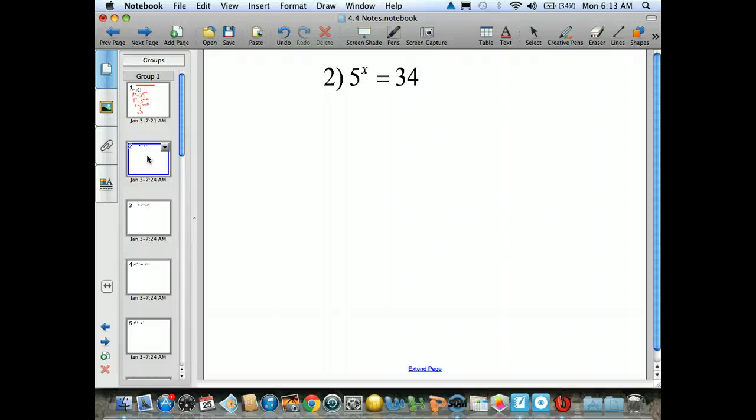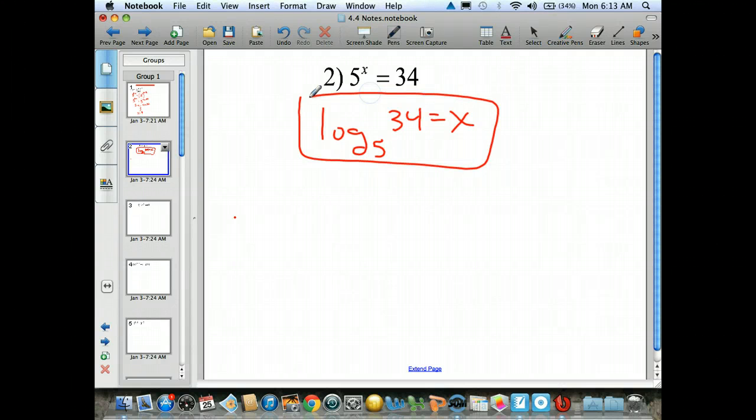However, if we translate this into a logarithmic equation using our definition of a logarithm, that equivalency statement we've been talking about, this simply becomes log base 5 of 34 equals x. And notice, since we're solving for x, that is our solution, all right? Now, we could always take that into our calculator to get an approximate answer, but we want to use exact values here. So just doing that one step, we've actually solved for x here.